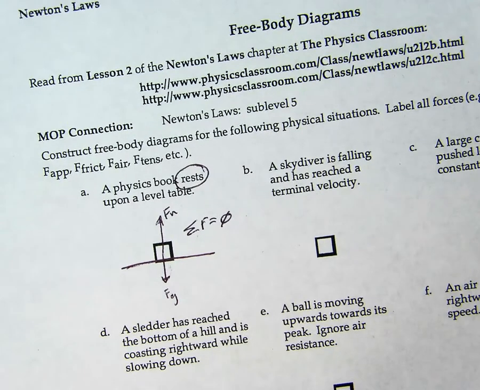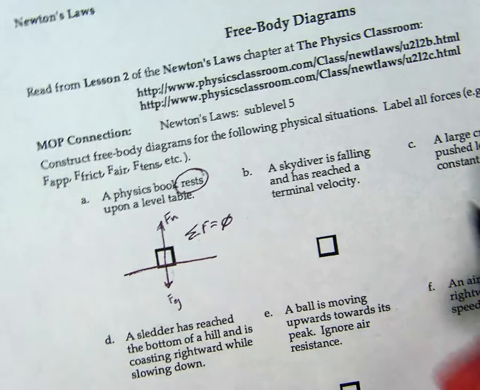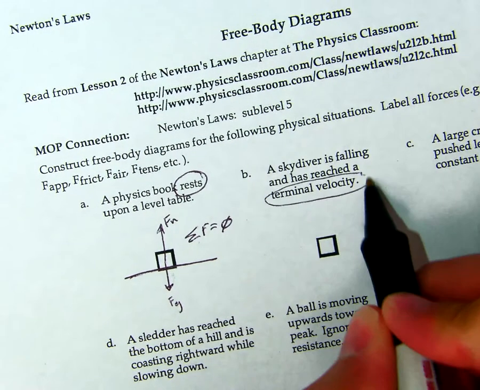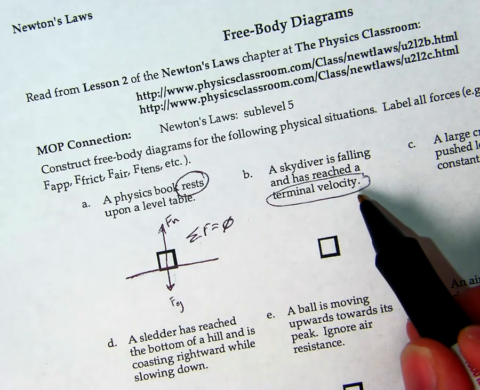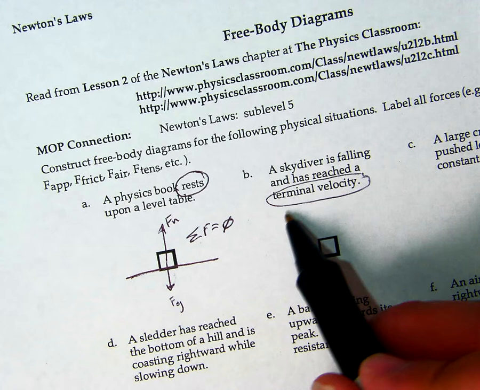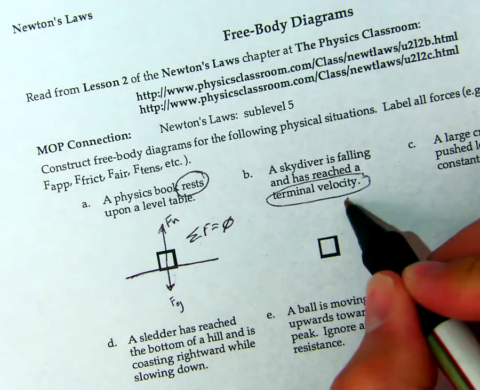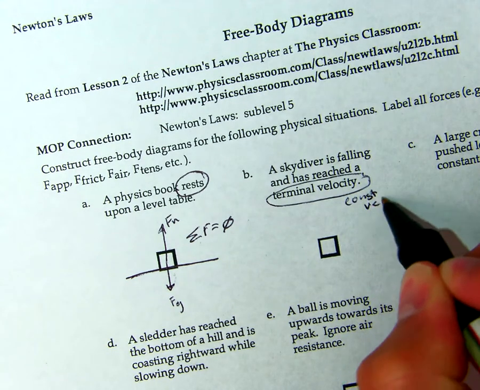A skydiver is falling and has reached a terminal velocity. Right off the bat, we know terminal velocity, that's the highest velocity that an object can reach while it's in free fall. Terminal velocity could really mean constant velocity.